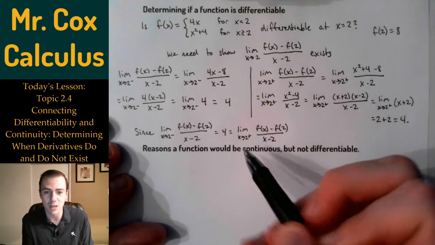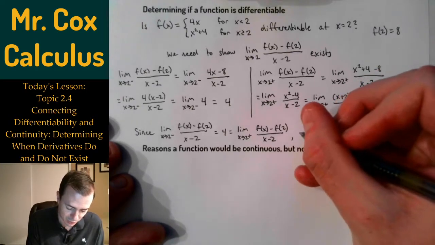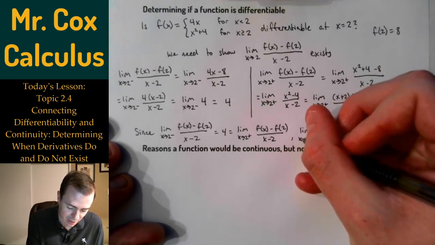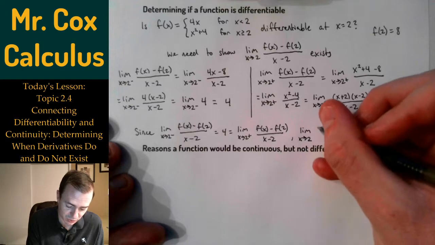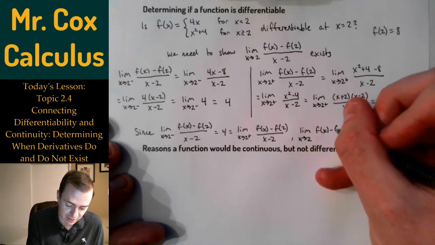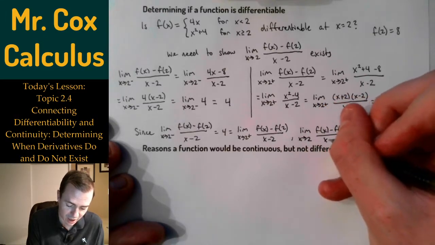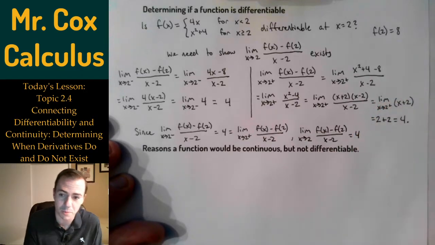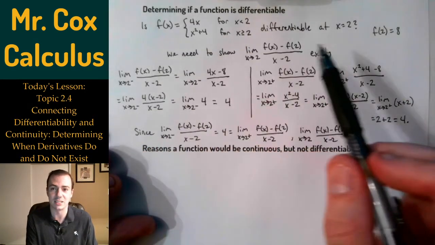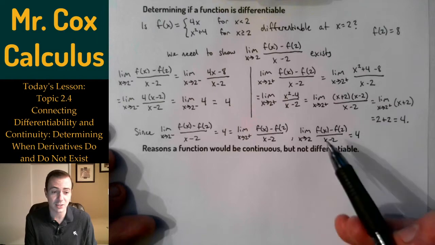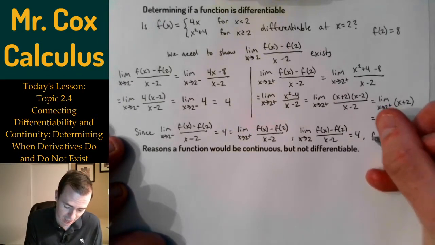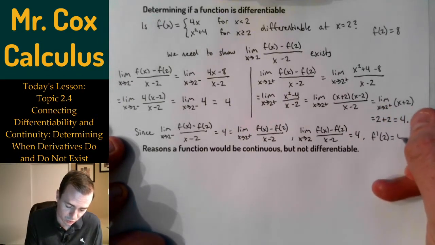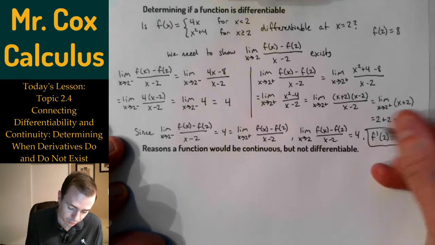So because the one-sided limits match, we can say that the limit as x approaches 2 of f of x minus f of 2 over x minus 2 equals 4. And so the question was, is it differentiable at x equals 2? The answer is yes. F prime of 2 is equal to 4.